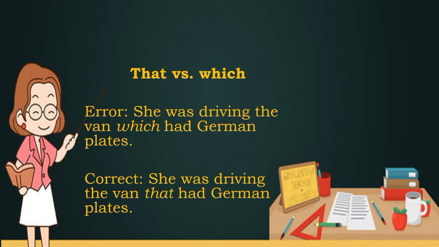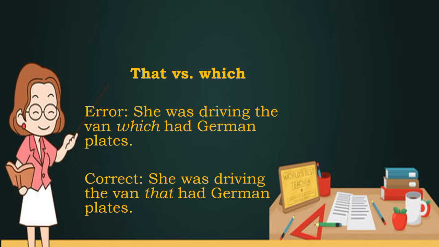Next grammatical error, we have that versus which. That is used to indicate a specific object, item, person, or condition, while which is used to add information to objects, items, people, and situations. For example, she was driving the van which had German plates. So before, I thought this sentence was correct.